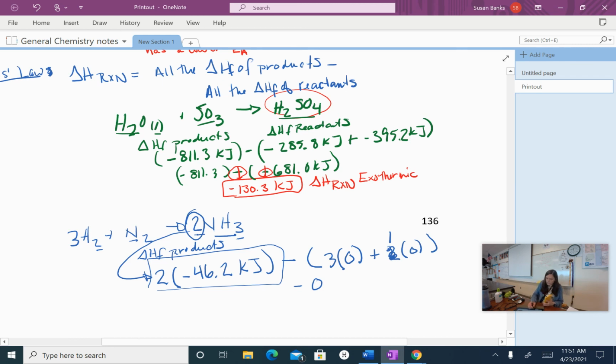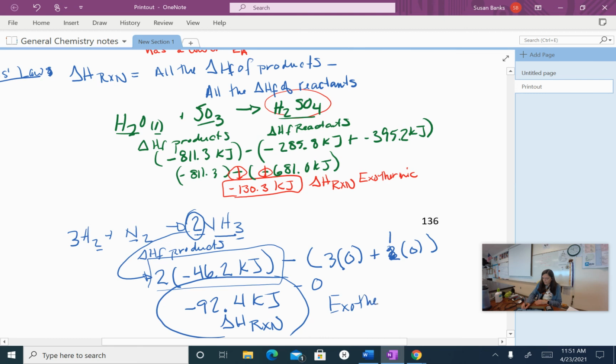So when I do that, I get negative 92.4 kilojoules for my delta H of this reaction. Okay. This also is a reaction that, because this is negative, heat is being given off, so this is exothermic. All right, so this is how we use Hess's law to calculate how much heat is going on in a reaction.